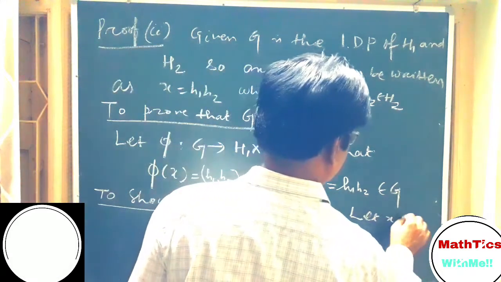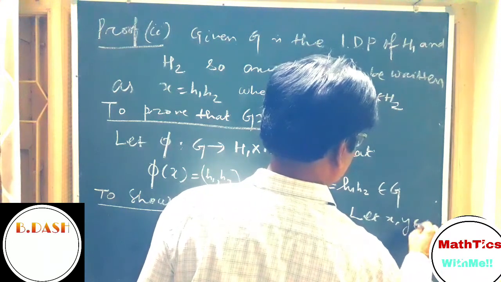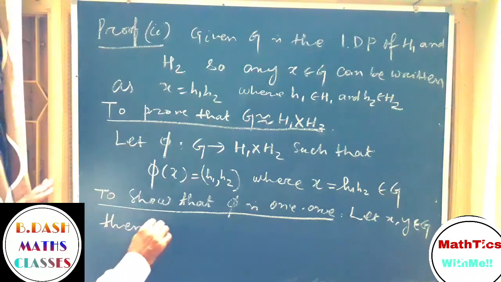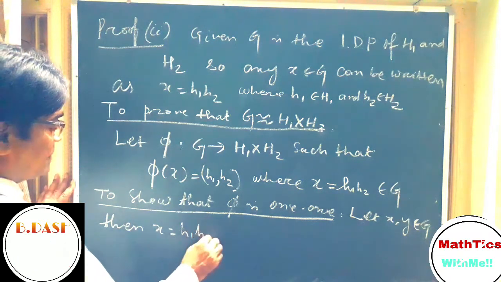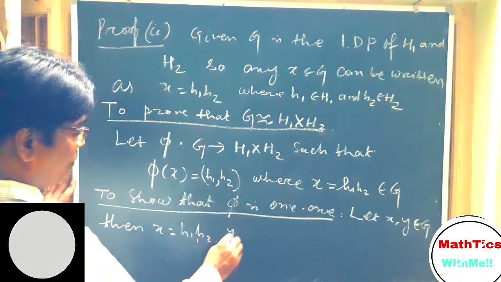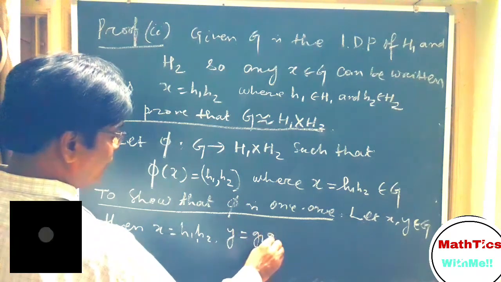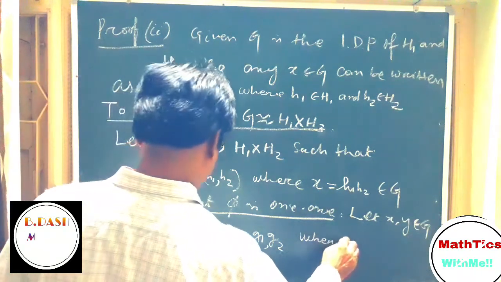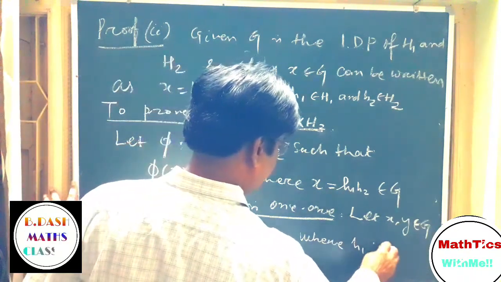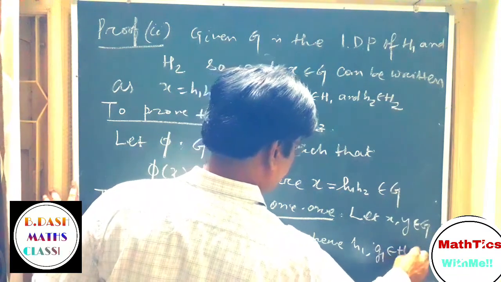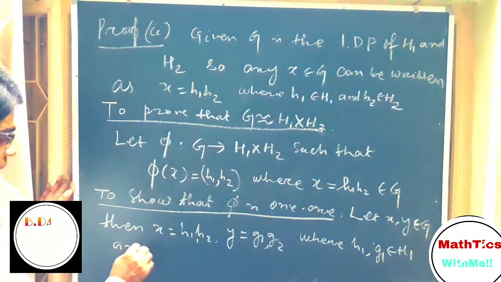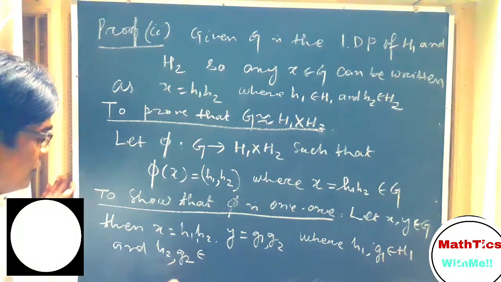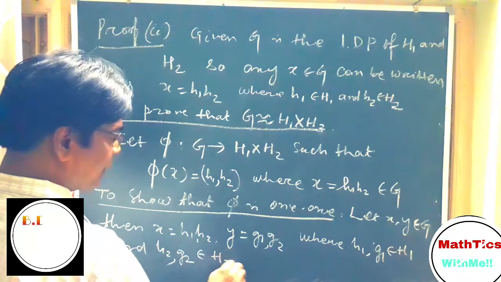Let x, y belong to G. Then we can write x is equal to h1 h2, y is equal to g1 g2, where h1, g1 belong to capital H1 and h2, g2 belong to capital H2.